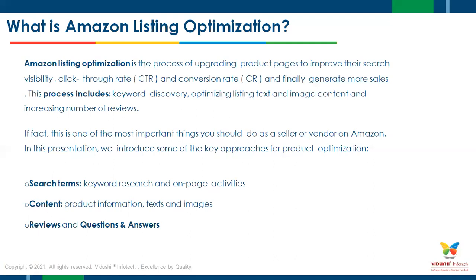Reviews are submitted by buyers who have bought the product on Amazon, they submit their review whether they like the product or service or not. And in question and answer, generally buyers ask some specific questions related to the product. We are going to discuss this thoroughly in the next few slides.